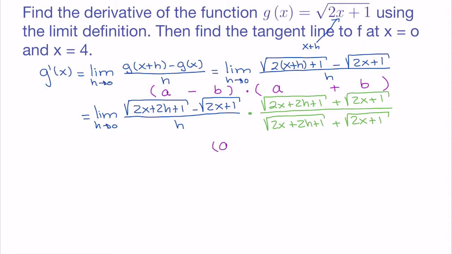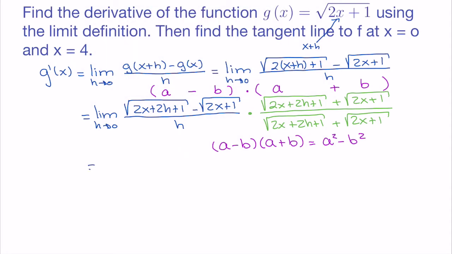Because this formula is just the difference of squares. When you FOIL this product, you get a squared minus b squared. So that's the idea. Once you square the two terms, you get rid of that square root and are able to unlock the x and the h from the radical. So let's go ahead and do that.